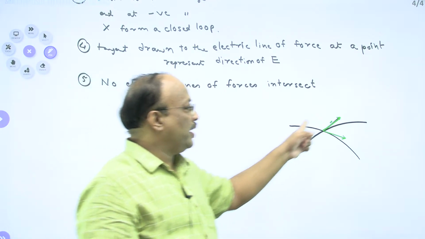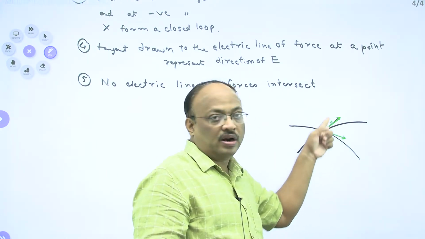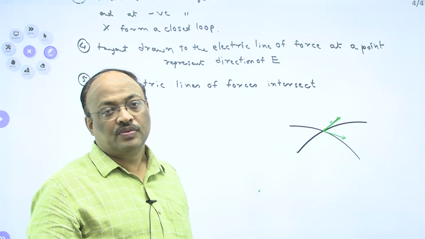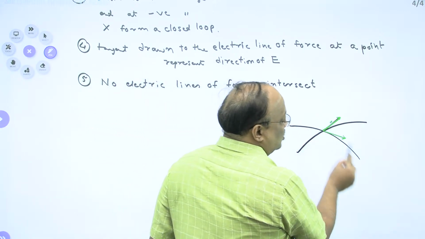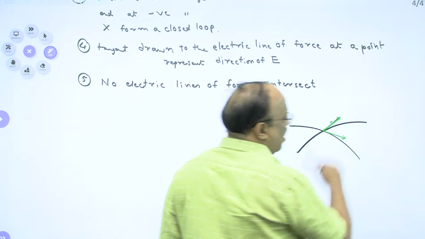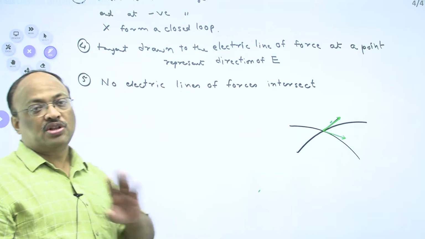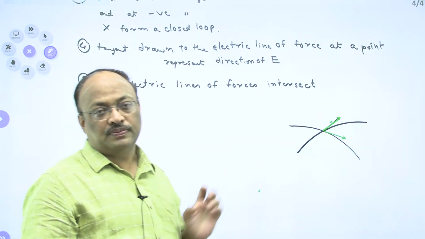So a double electric field like this does not exist. If it is not possible, this crossing of the electric lines of force is also not possible.